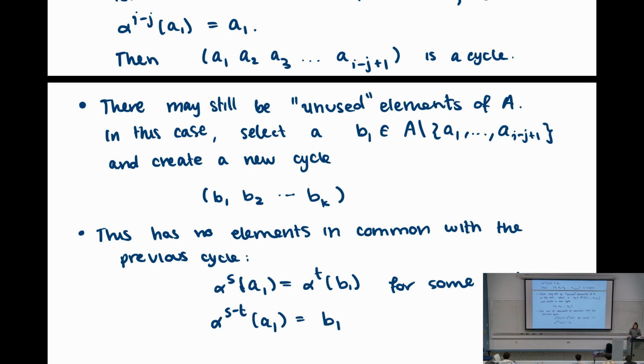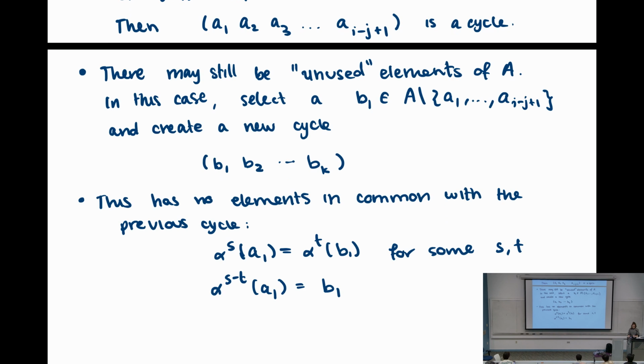So that means that B1 would have already appeared in our A list, which contradicts how B1 was selected. So that means that the A cycle and the B cycle are in fact disjoint.